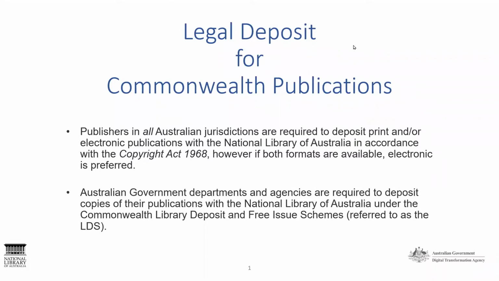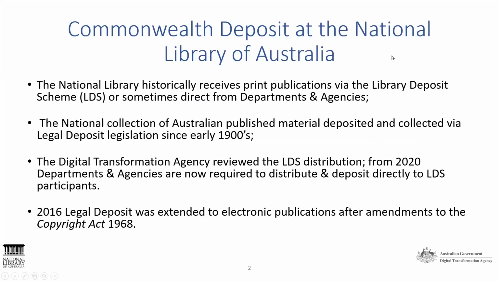Historically, government departments and agencies deposited publications with national and state and territory libraries via the Australian Government Printing Service, and that was through the legal deposit arrangements of the Australian Copyright Act. Since the 1990s, agencies are directed to provide copies to the Library Deposit and Free Issue Scheme for distribution.